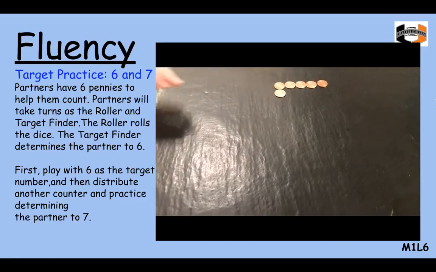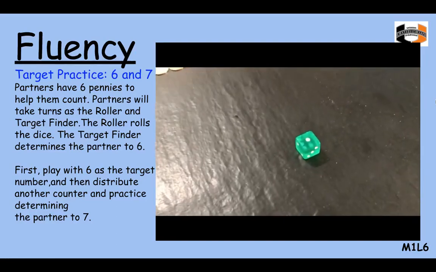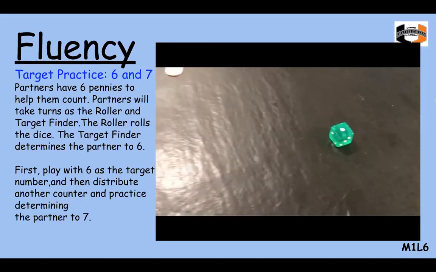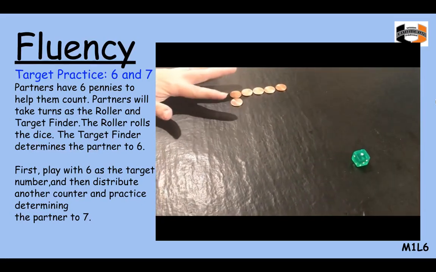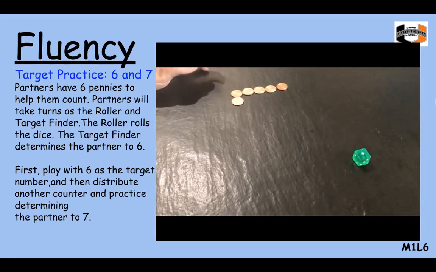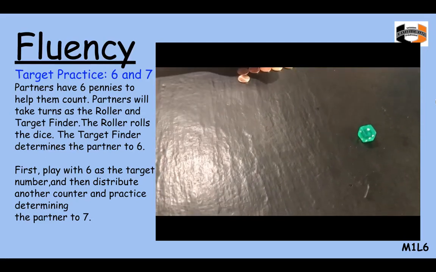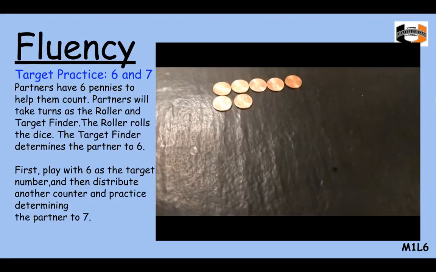Now I'm going to roll. How many does it take to get from 1 to 6? 5. All right, so 1 and 5 make 6. So now we're going to change the target to 7. And you roll a die.